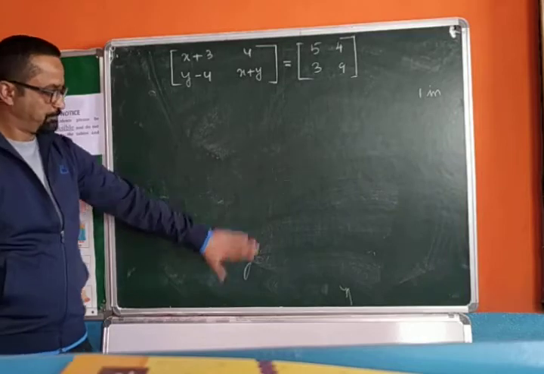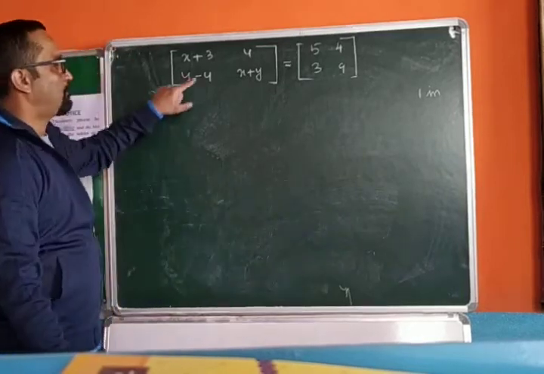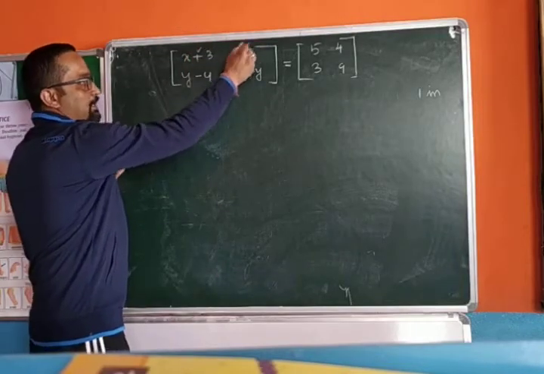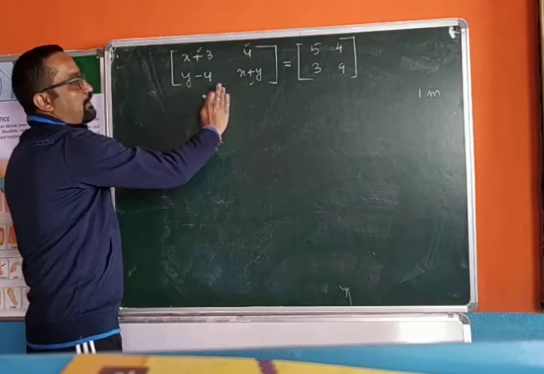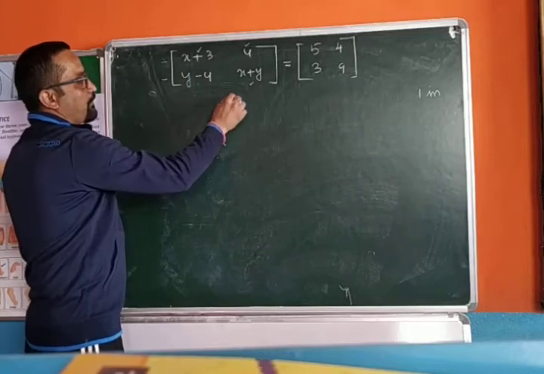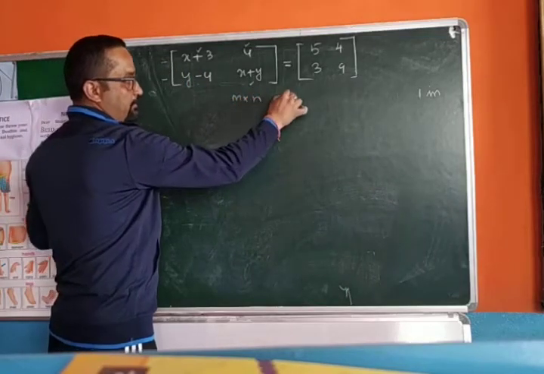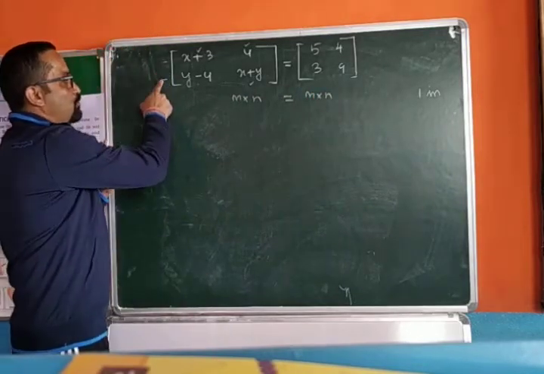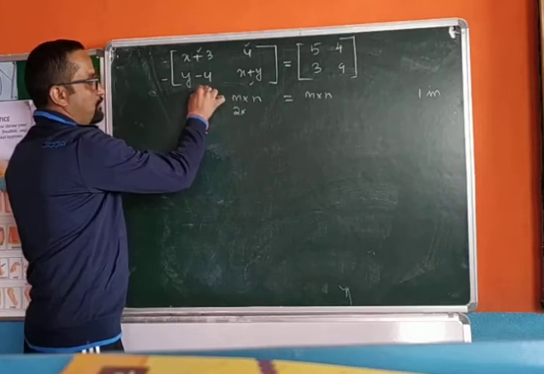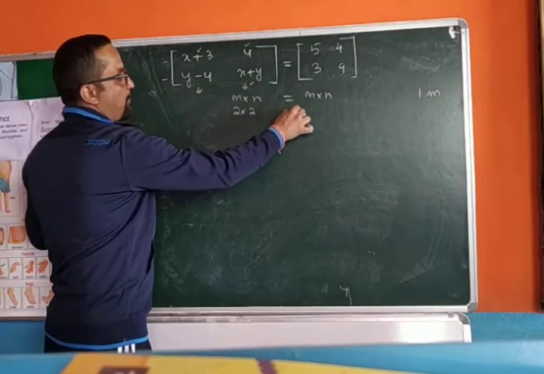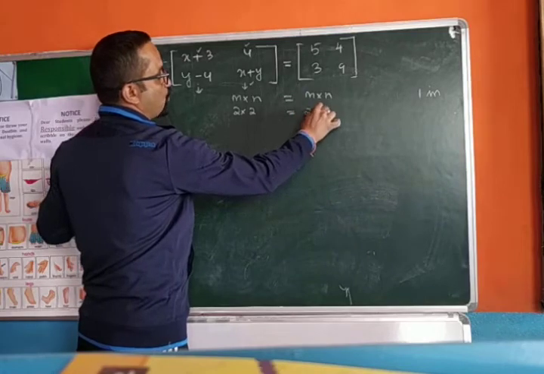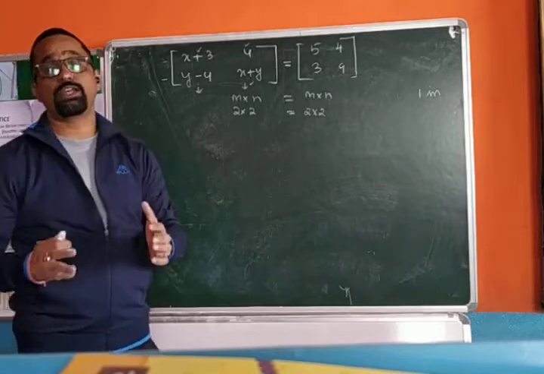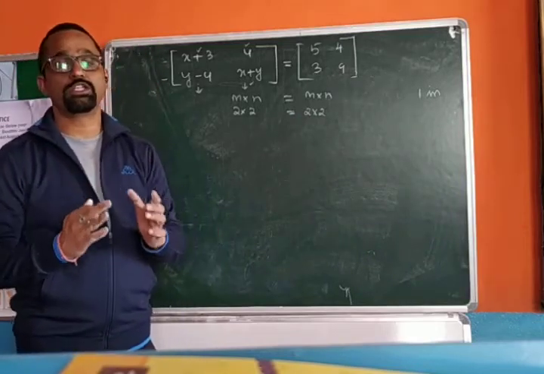Copy the given sum. First, write the order. First element, second element, third element, fourth element. It has two rows and two columns, n cross n. On the right hand side, again you have two rows and two columns. And when they have the same order, only then can we use the property called equality.